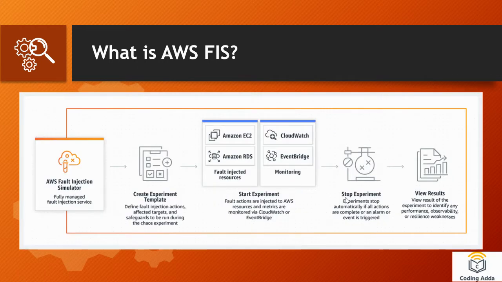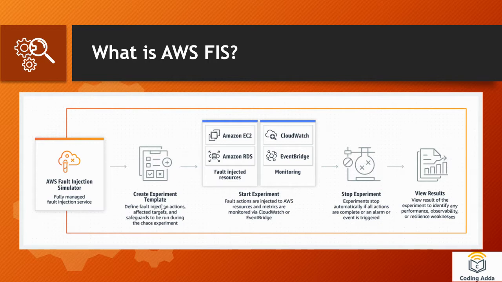Let's go ahead. So here in this FIS service, we need to create some experiments, right? So we create some experiment, and in that experiment, we need to define what all the actions are, what we need to do, right? And we need to define some targets.